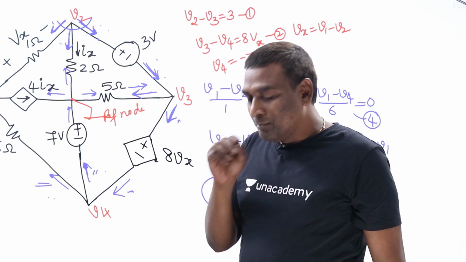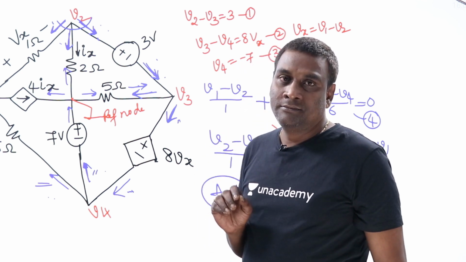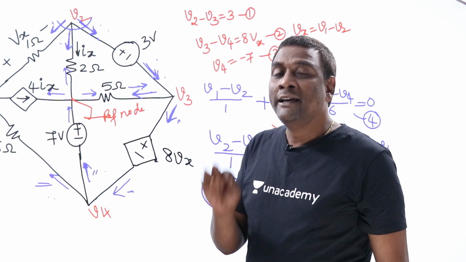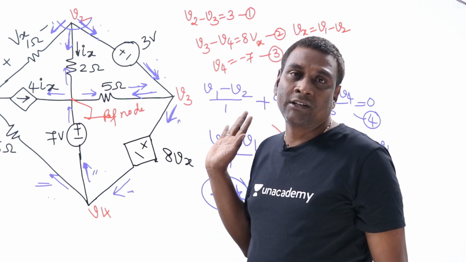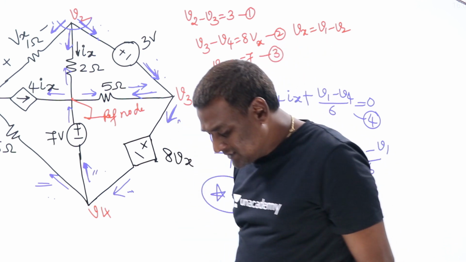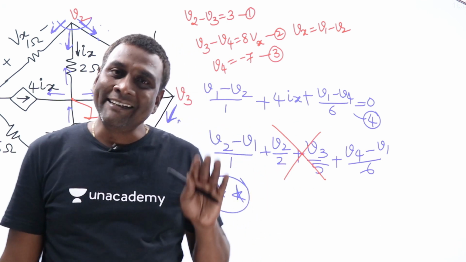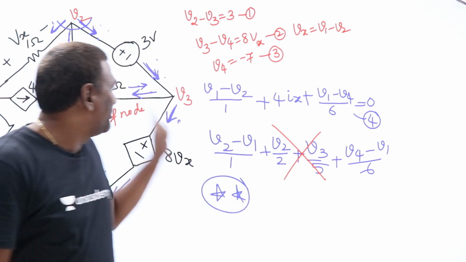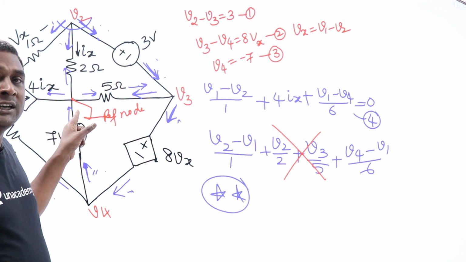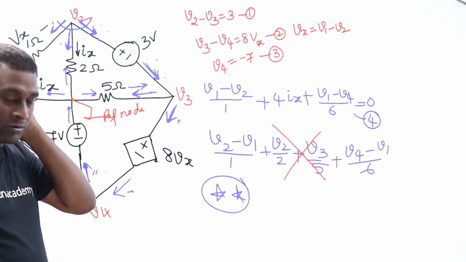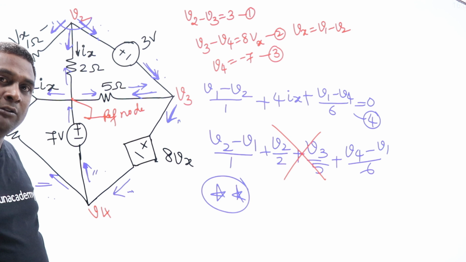So while applying supernodal analysis, at any cost, you should not touch your reference node, because we are not supposed to apply KCL at the reference node. If you do, it will be a big mess.